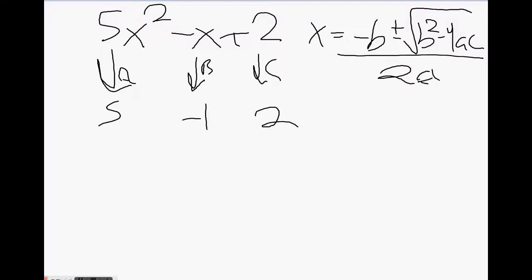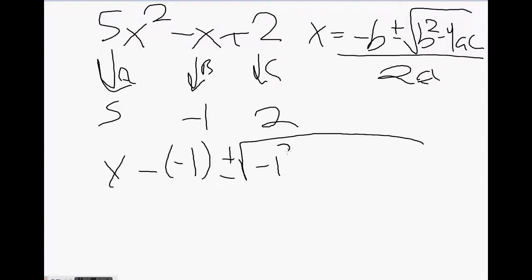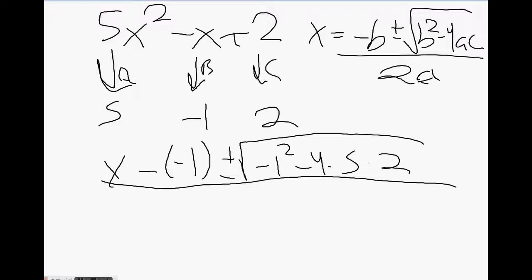See how I wrote a positive when I was saying negative? So negative b, so we have -1 for b, plus minus the square root of -1 squared minus 4 times a, which is 5, times c, which is 2, over 2a, which is 2 times 5.